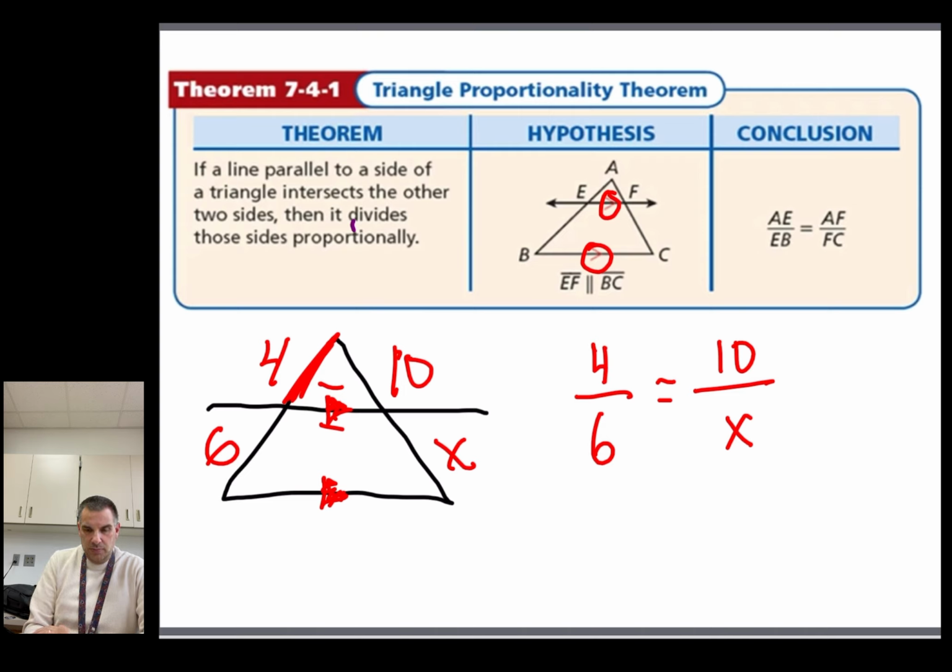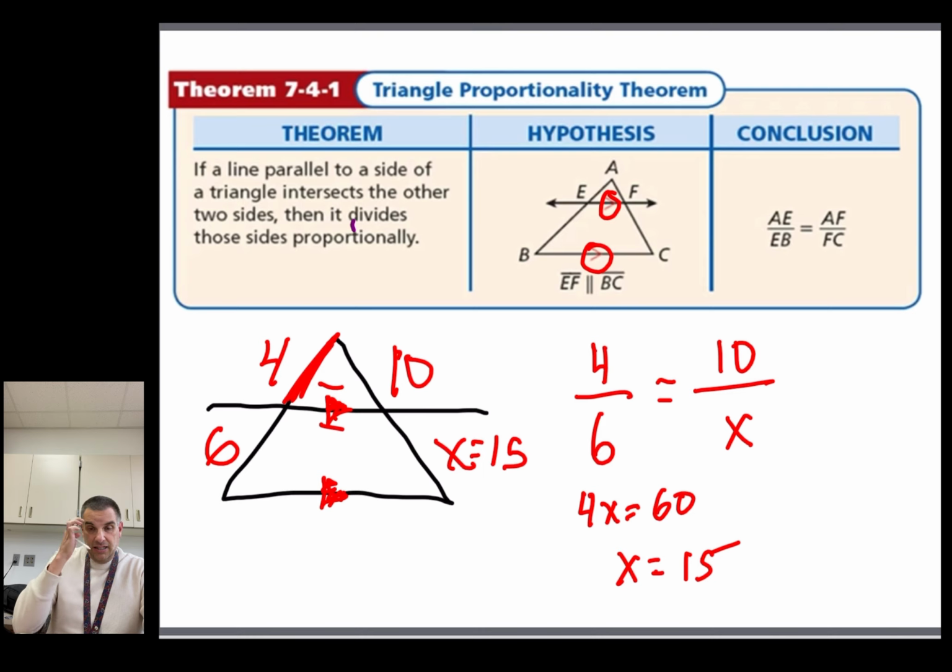Now we can cross multiply. 4 times x is 4x. 4x is equal to 60. Divide 60 by 4, and you get x is equal to 15. So that means that this part of it would be 15. Okay, and that's what we call the triangle proportionality theorem. Essentially it says that AE over EB is equal to AF over FC.